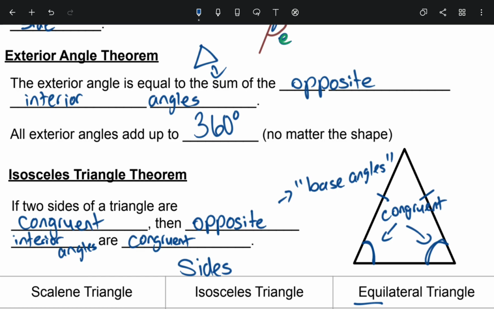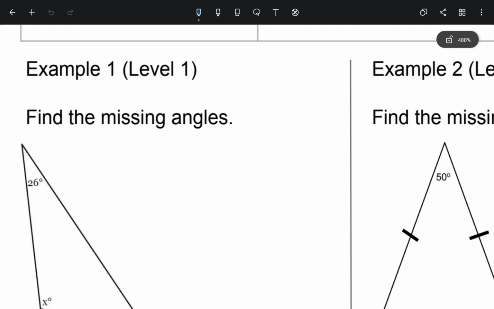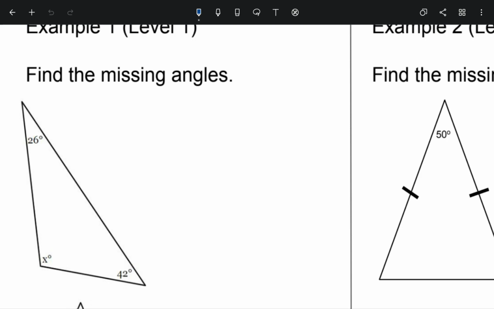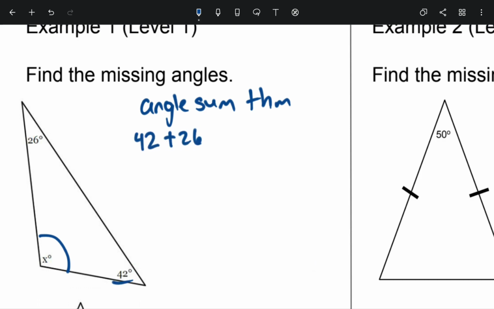Let's go ahead and look at the level 1 questions now. Level 1 wants us to find all of the missing angles. So this first triangle, I can see that we're just given 3 interior angles, so we're going to use the angle sum theorem. So we could say 42 degrees plus 26 degrees plus x, our unknown, is equal to 180.